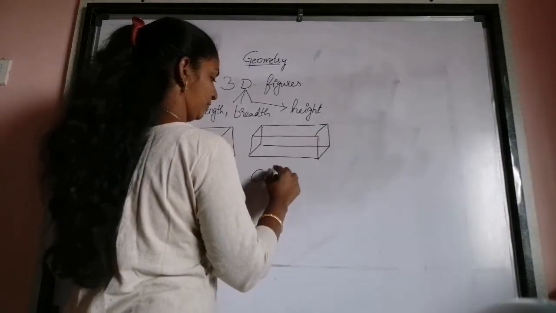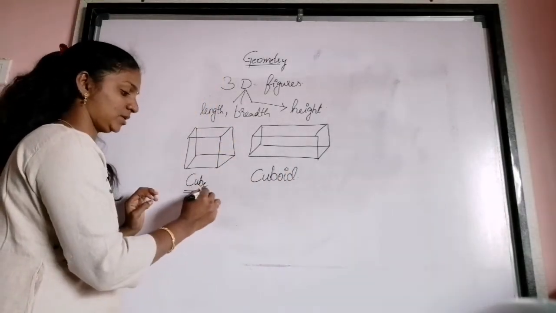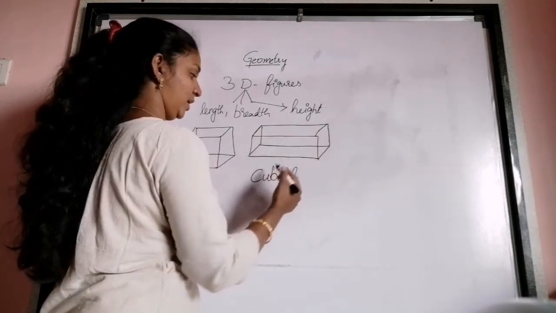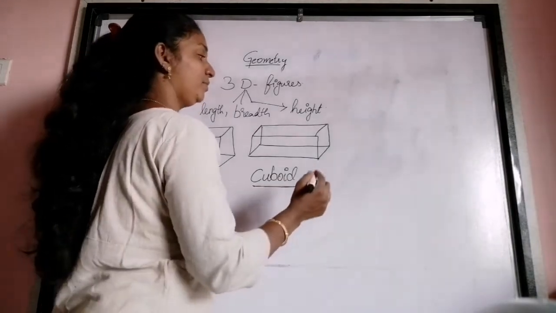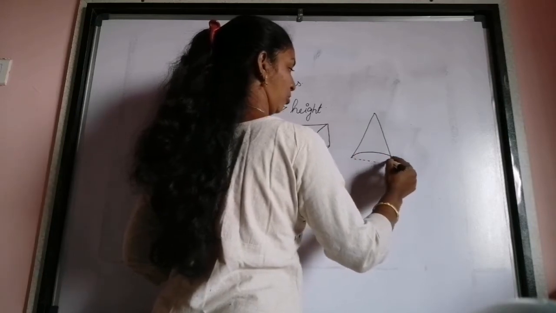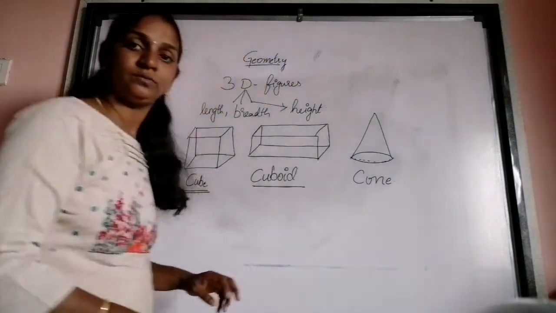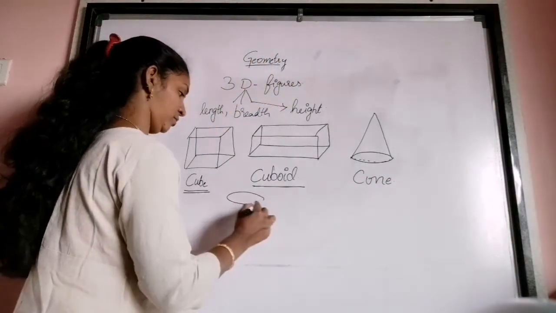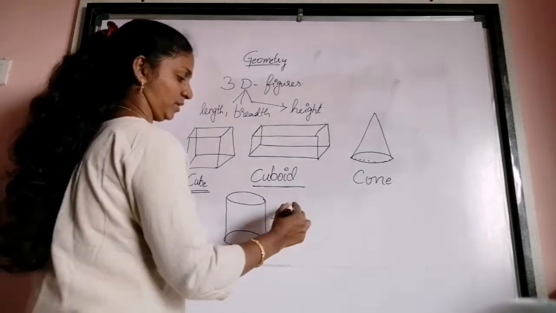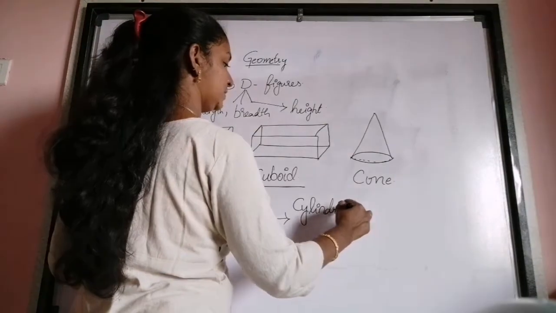This is a cuboid. If all the sides are equal, then we call it a cube. And if two sides are equal, it is a cuboid. Cone. Cylindrical.